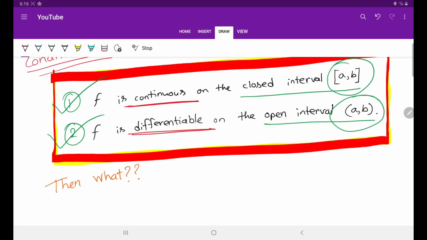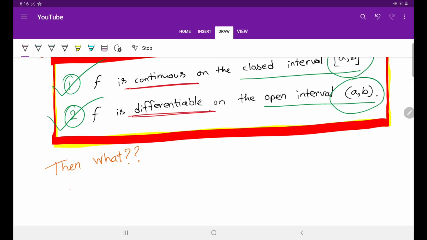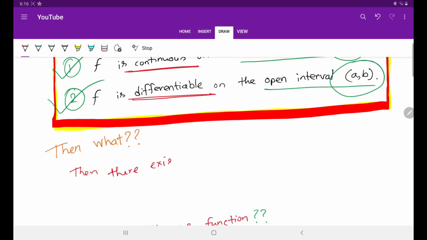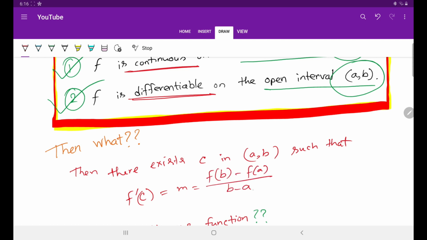If these two conditions are satisfied, then what can we say? We can say that there exists c in (a, b) such that f'(c) equals m. And what is m? (f(b) minus f(a)) divided by (b minus a).